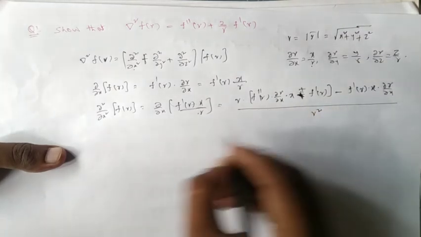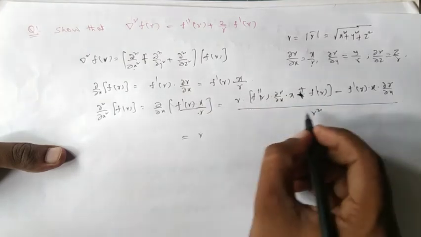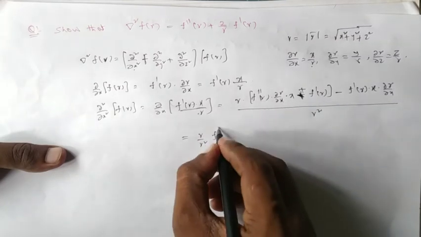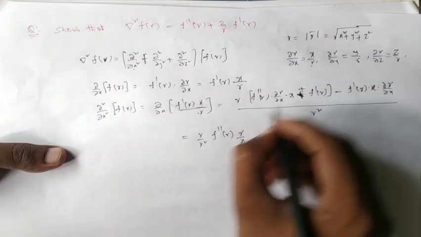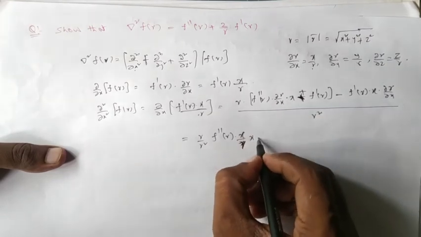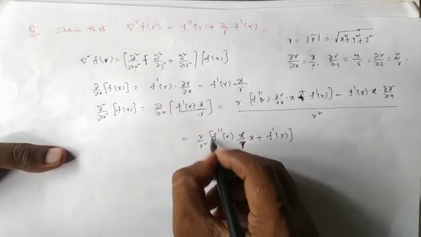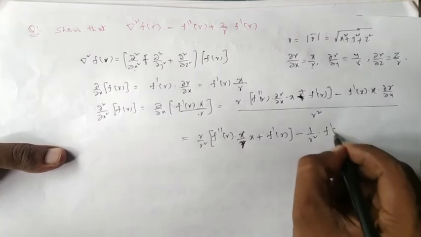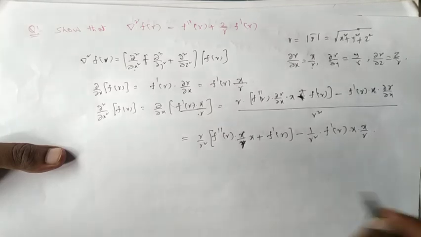When we simplify it further, the first term is f''(r) into ∂r/∂x, which is x by r, into x as it is, plus f'(r) remains the same, and here minus 1 by r square into f'(r) into x into ∂r/∂x, which is x by r.